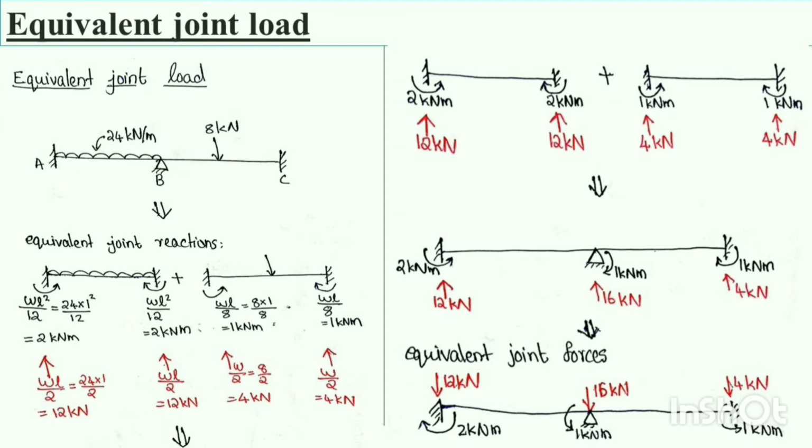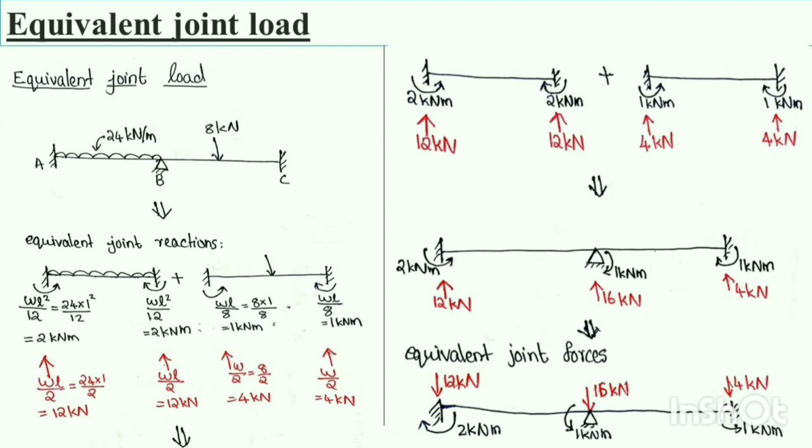After summing these two moments, we get 2 minus 1, which is 1 kilonewton meter in the clockwise direction. And the reaction, there are two reactions, 12 kilonewton and 4 kilonewton, both acting upwards. Therefore, the total reaction will be 12 plus 4, that is 16 kilonewton in the upward direction. Next at C, the reaction is 4 kilonewton and the moment is 1 kilonewton meter in clockwise direction.